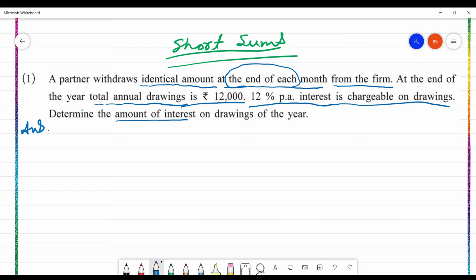For that, we have to calculate per month's drawings.